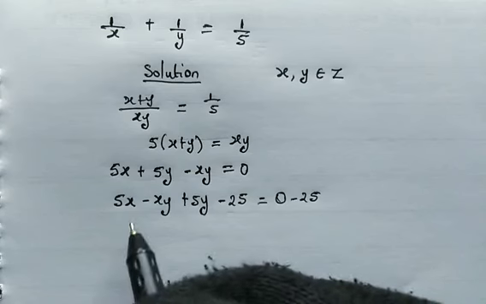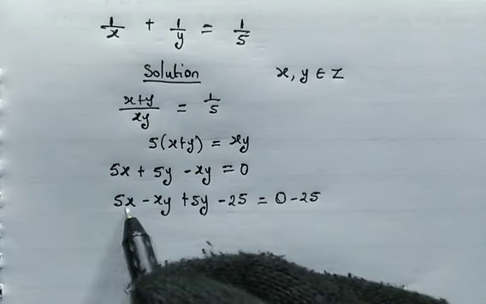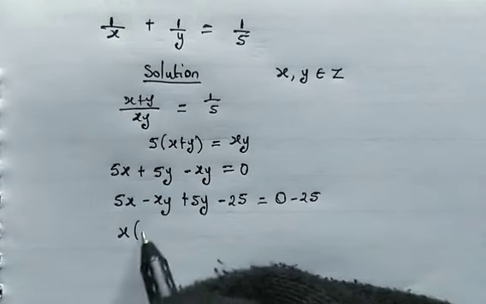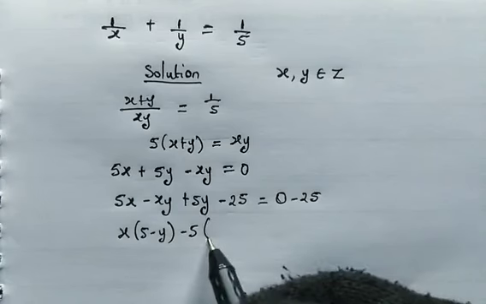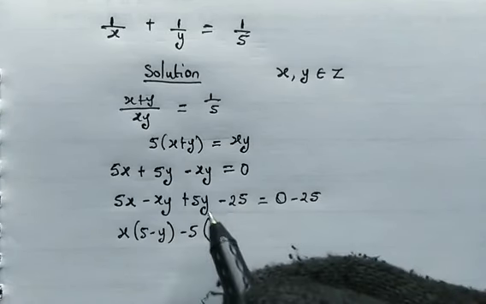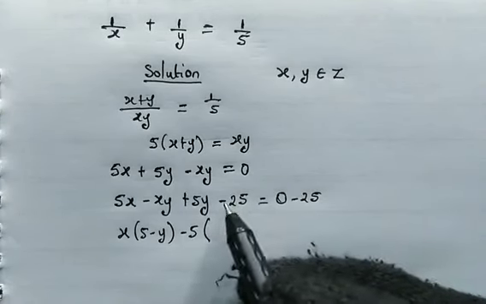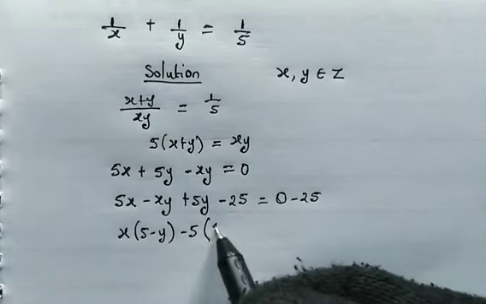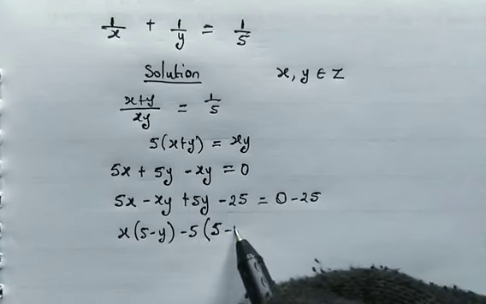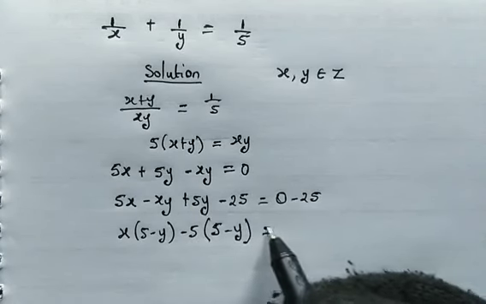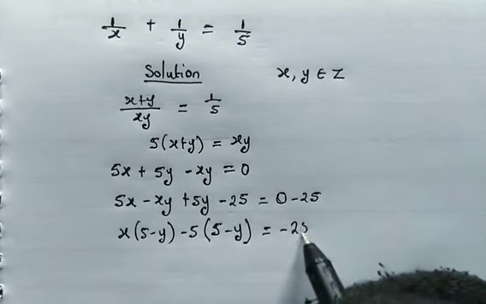So from here, we have x is common, so we factor x and we are left with 5 minus y. From here, we can factor negative 5, right? So if you factor negative 5, let's start from this time here. Negative 25 divided by negative 5 will give us positive 5. And here, positive 5y divided by negative 5 will give us negative y. And from here, this equals negative 25.